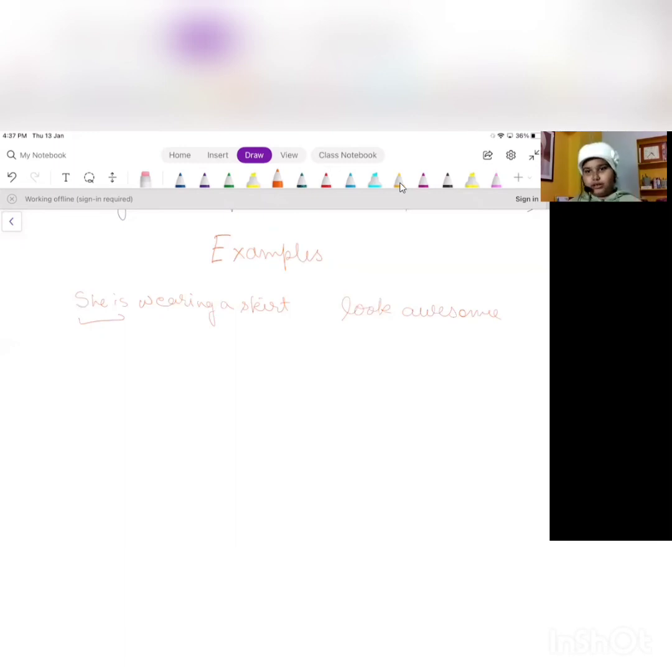It is an independent clause. And this one is a dependent clause. There should be a dependent clause because it is a complex sentence. But now there are two different sentences. One is an independent clause, the second one is a dependent clause. We have to just join them.